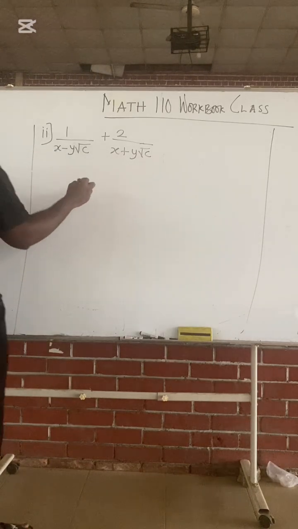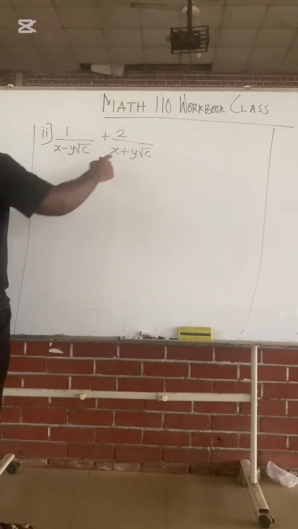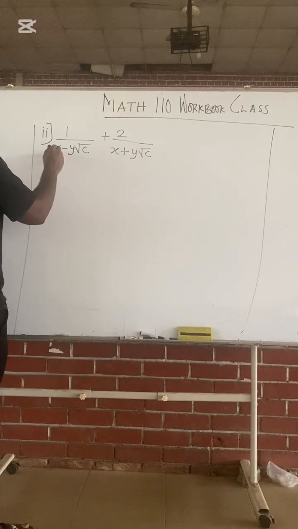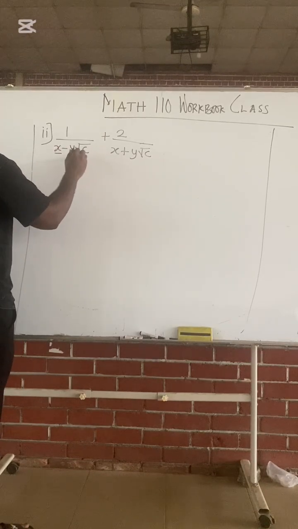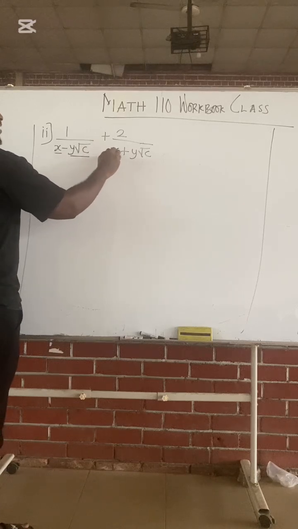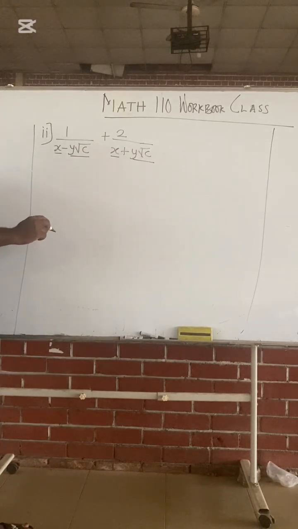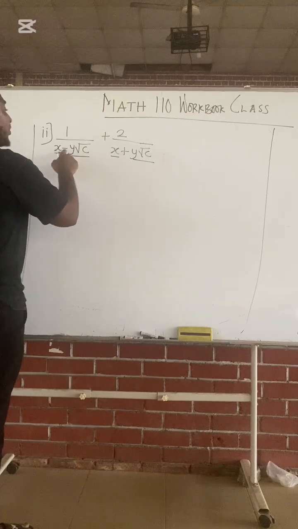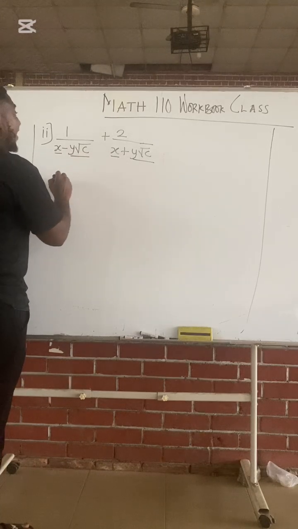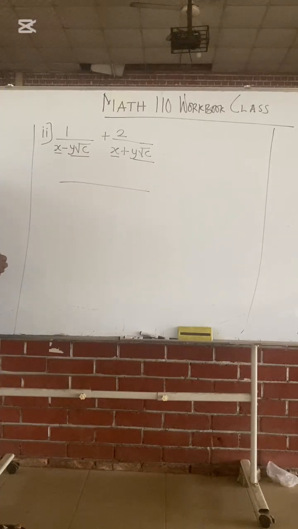Class, this is x minus y root c, x plus y root c. Notice that the first term of this denominator is x, the second term is y root c. They have the same first and second term; the only difference is plus and minus. So they qualify to be a difference of two squares.